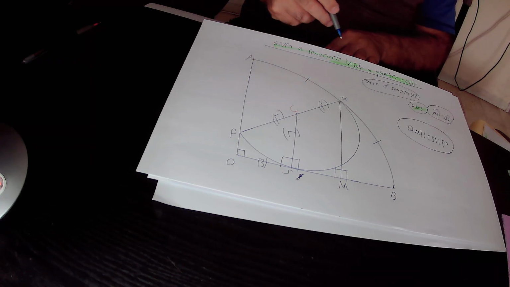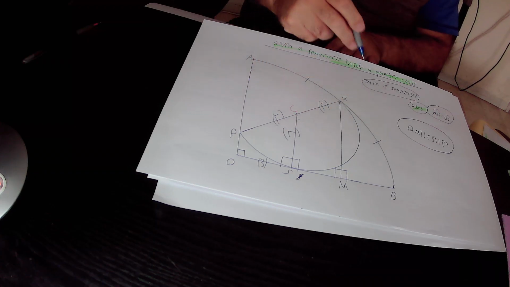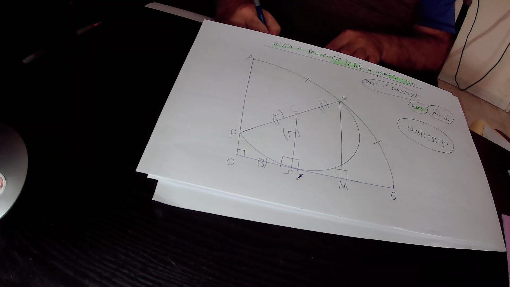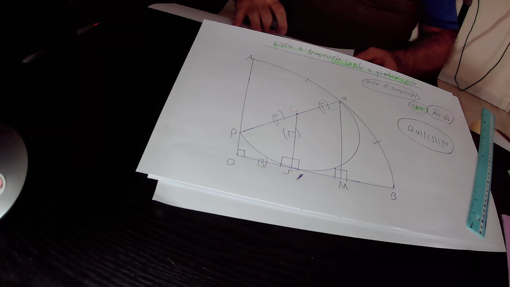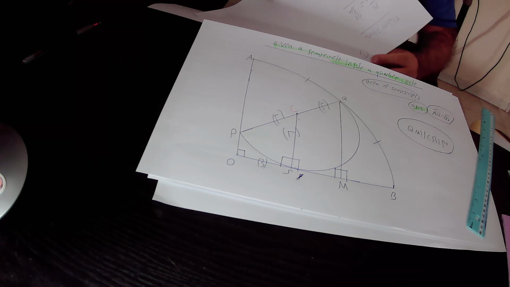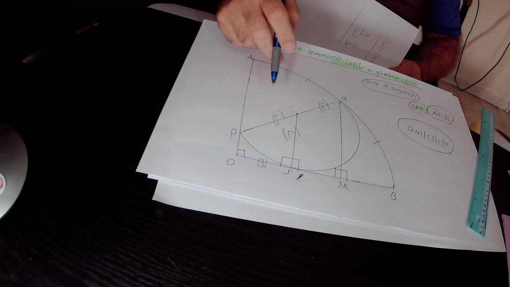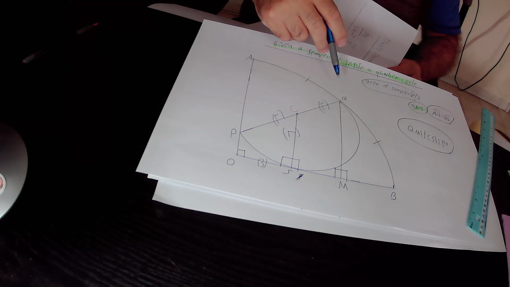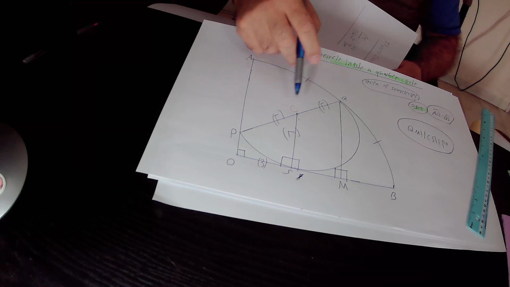That PC over CQ is equal to OS over SM. Because of the fact that we have three parallel lines that are connected with two line segments, the following relationship exists between the two line segments that are not parallel to each other, that is to say, between PQ and OM.